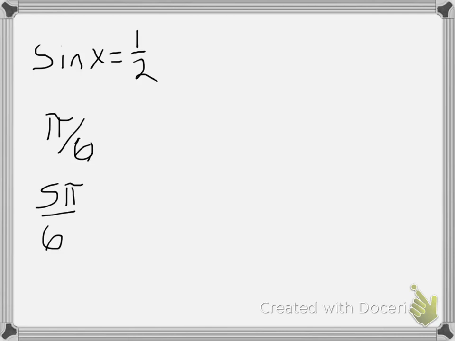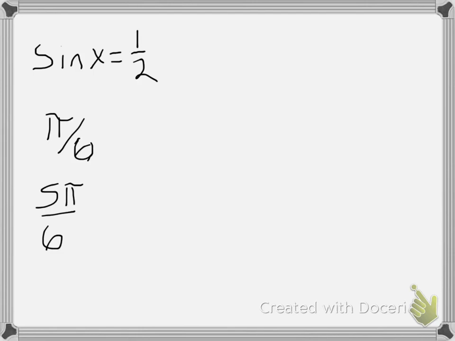So, we said at the very first problem that the sine of x is equal to 1/2. We got an answer of pi over 6 and 5 pi over 6, and that was in a specific domain of 0 to 2 pi. But guys, these are infinite solutions, right? So if I were to go all the way around the circle to a coterminal angle, wouldn't that be a solution as well?